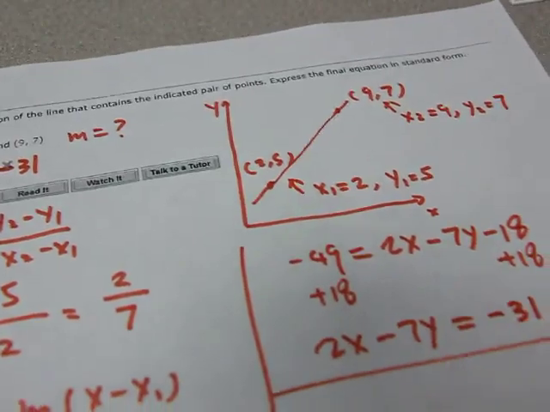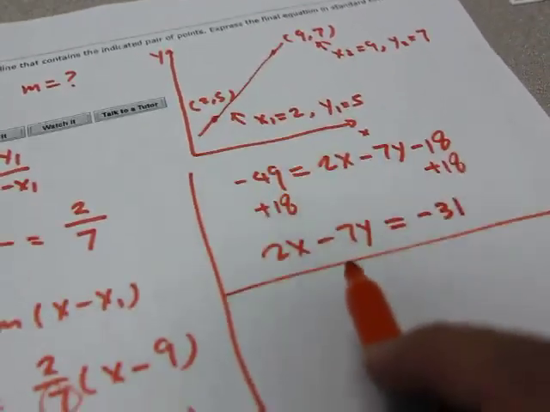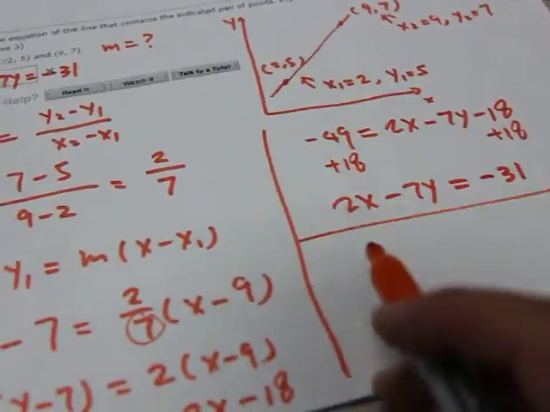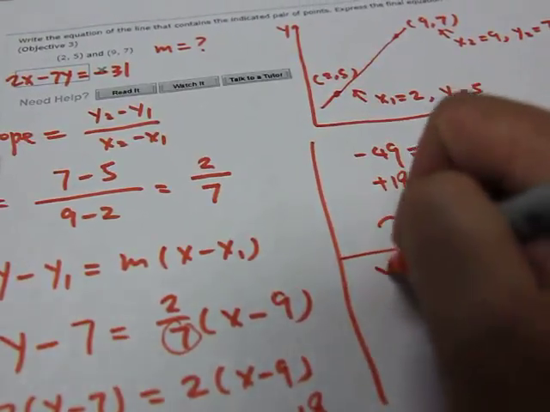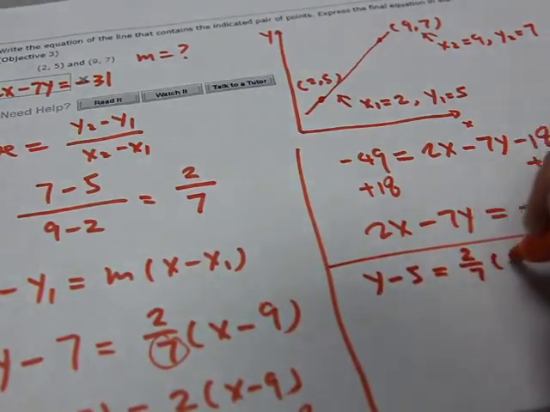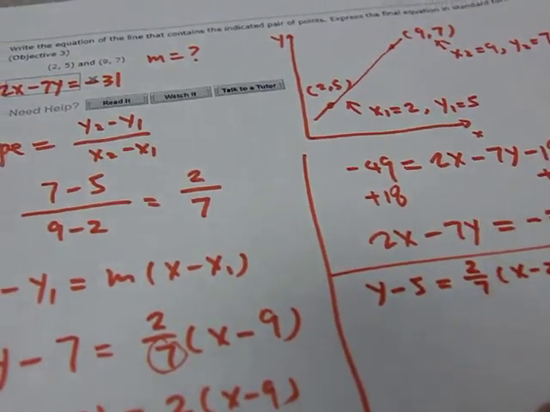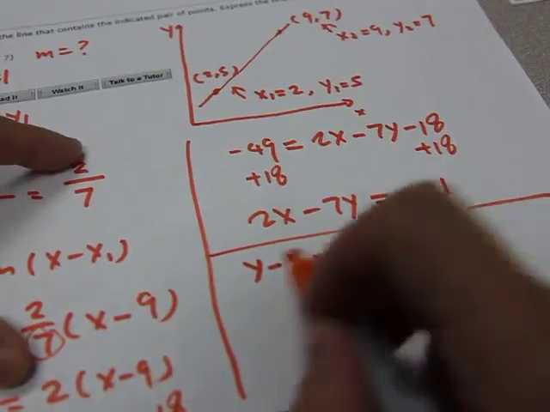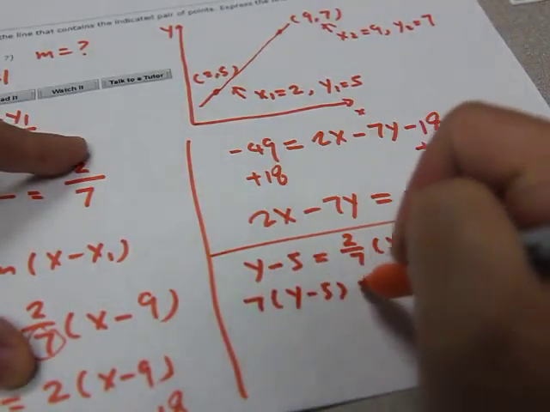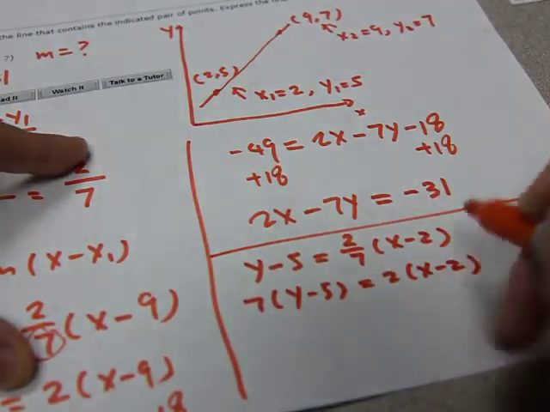Now, if we use another point, let me show you. We will get the same answer if I use this point, (2, 5). So I will have y minus 5 equals 2 over 7 times x minus 2. If I multiply both sides by 7, I will have 7 times y minus 5 equals 2 times x minus 2.